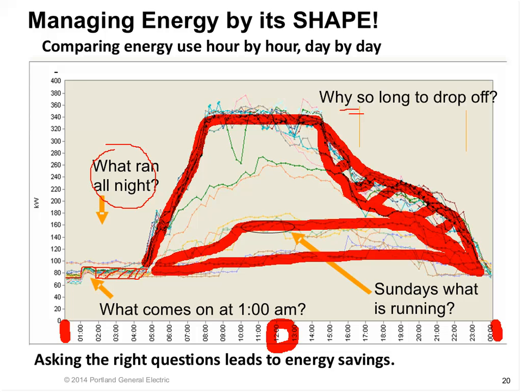And again, this is Mondays through Fridays. The final one was the most interesting. They couldn't figure out why Sundays were higher than Saturdays. Finally, they figured out that to raise some extra revenues for the school district, they were renting out the facility on Sundays for a church group.